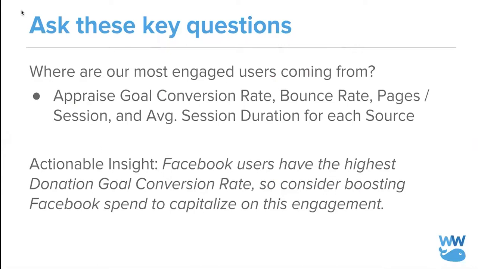So they are donating at a higher rate than any other user. We should consider boosting Facebook using ad spend to capitalize on this level of engagement. So we make the insights we draw from the data actionable, brainstorming ways to capitalize on the user engagement we see or to improve negative changes in user engagement or overall traffic volume in other areas.